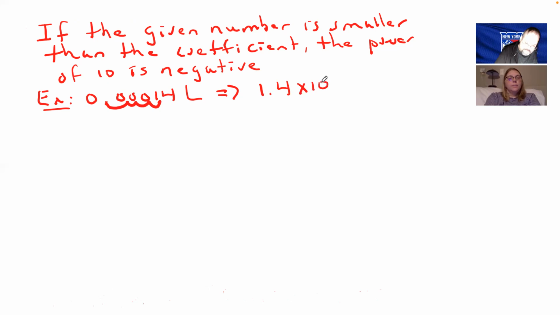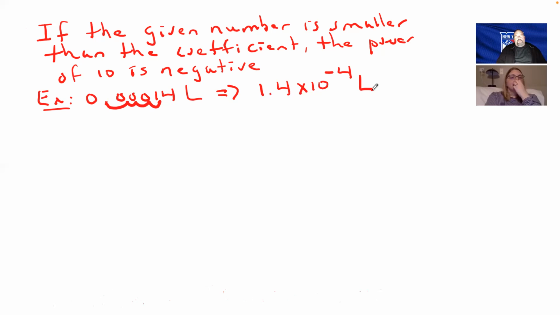Now, I move the decimal point 4 times again. But in this case, is it 10 to the positive 4th or is it 10 to the negative 4th? So which is larger, the given number or the coefficient? In this case, the coefficient is larger. 1.4 is larger than 0.00014. And therefore, in this case, the power of 10 is negative.